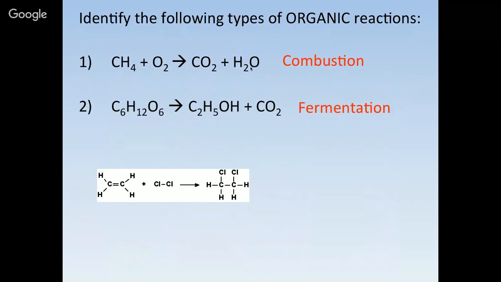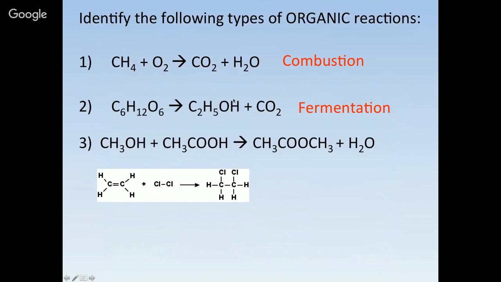This is fermentation. And how do we know that it's fermentation? You might even remember this from bio. We talked about it with ethanol fermentation or alcohol fermentation. You take an organic compound, usually a sugar, and you're going to break it down. Your two products are always going to be an alcohol and carbon dioxide. So how would you identify this as an alcohol? Because of this OH functional group hanging off here.